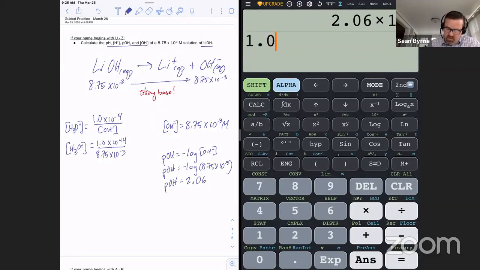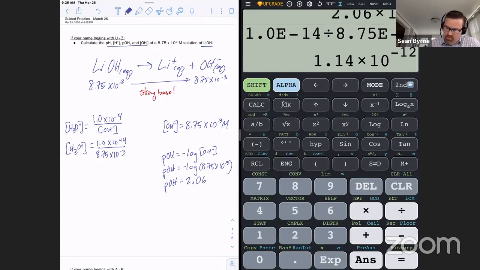So 1.0 E minus 14 divided by 8.75 E minus 3. And just double checking my work over here, H3O plus is equal to 1.14 times 10 to the minus 12th. Are you still with me? pH at this point is equal to my negative log of my H3O plus.